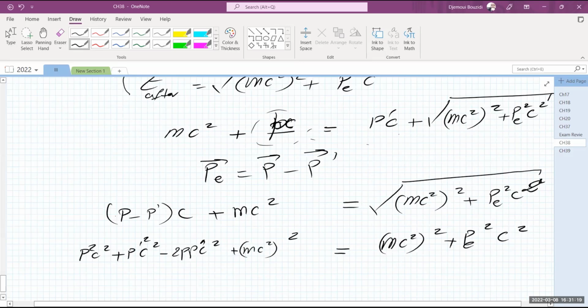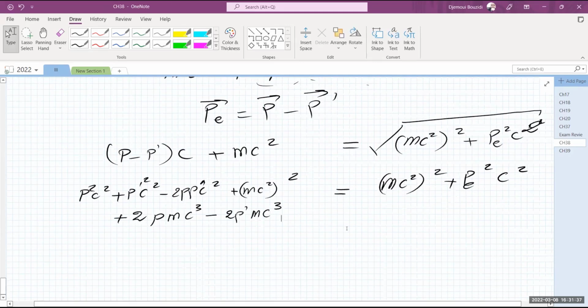And I have a cross term between the mc squared and the other two quantities. So I have plus 2P times mC cubed minus 2P prime mC cubed. If I didn't forget any terms, that's everything that you have from squaring everything in here. Obviously, mc squared cancel from both sides. Sounds good?